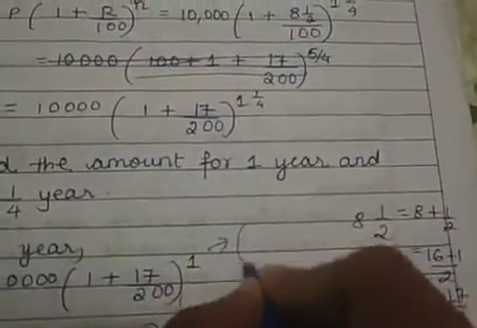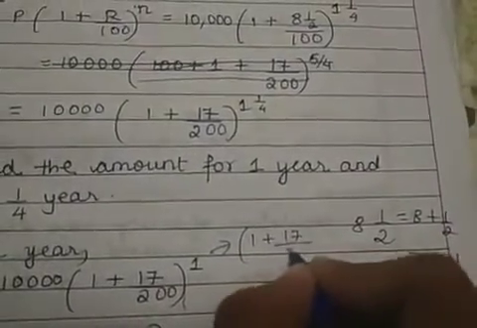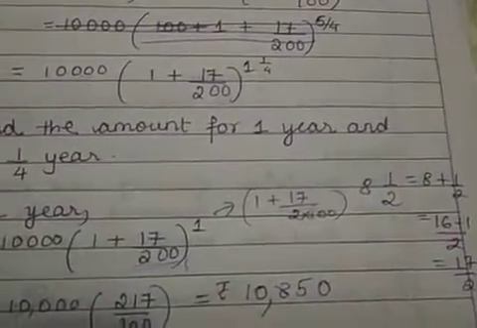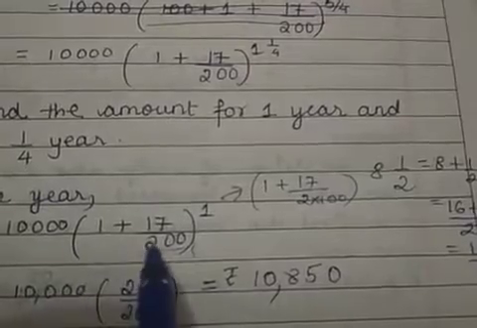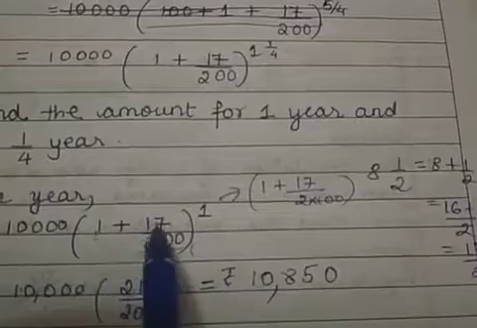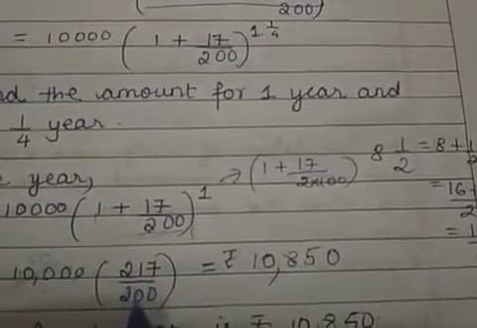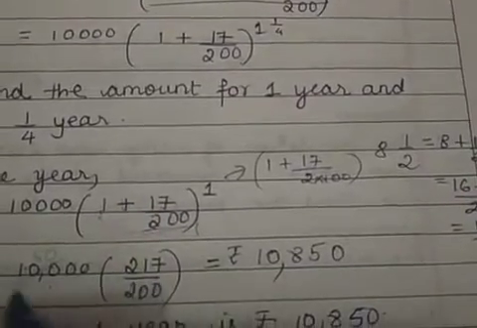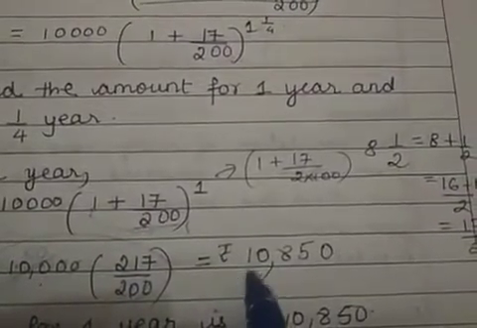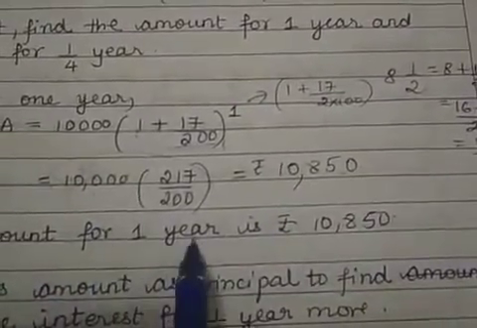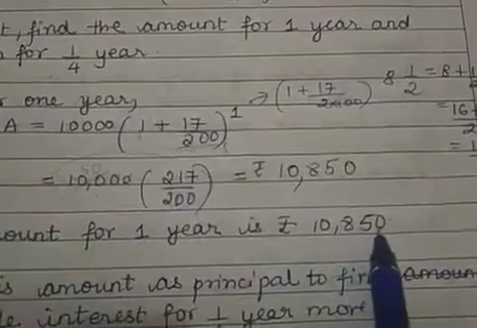So the bracket is 1 plus 17 upon 2 into 100, which gives 200. So you have 10,000 multiplied by 1 into 200 plus 17, so 217 upon 200. We do this to find the LCM. On simplifying, you get the amount as 10,850 rupees. So amount for 1 year is 10,850 rupees.